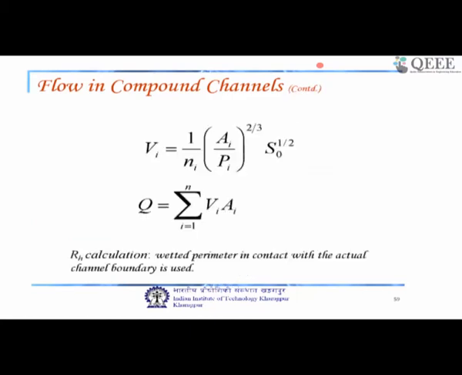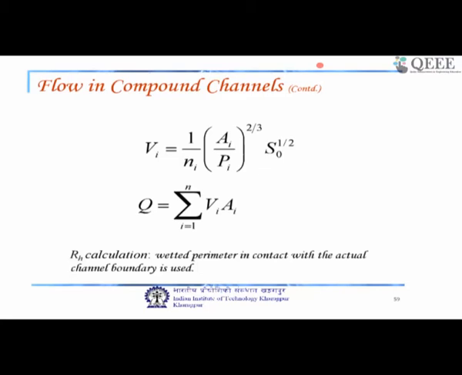So, in this case we can calculate the individual velocity components from our Manning's equation as 1 by Ni into (A by P)i to the power half, and finally we can integrate this to get the discharge value for the cross section.